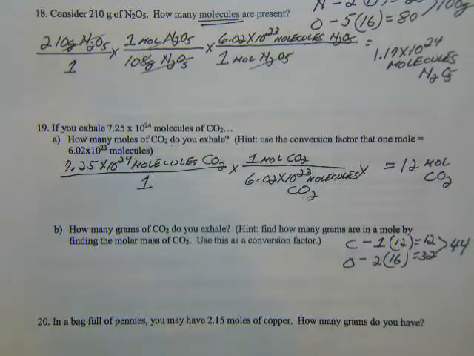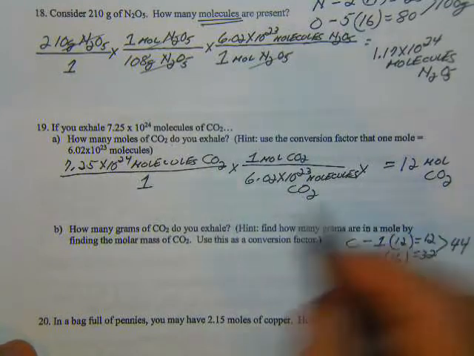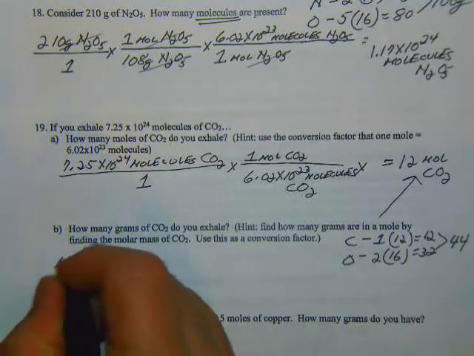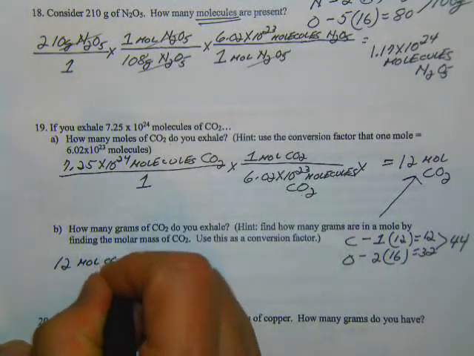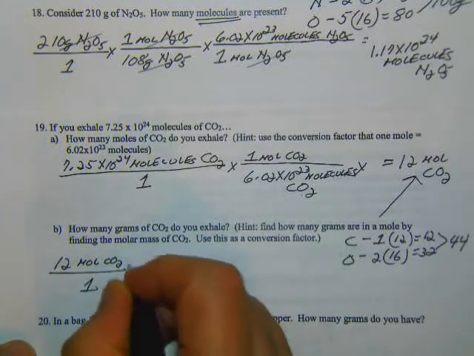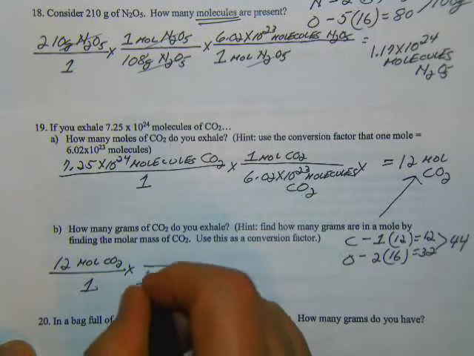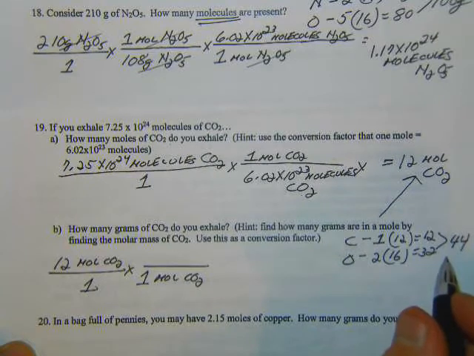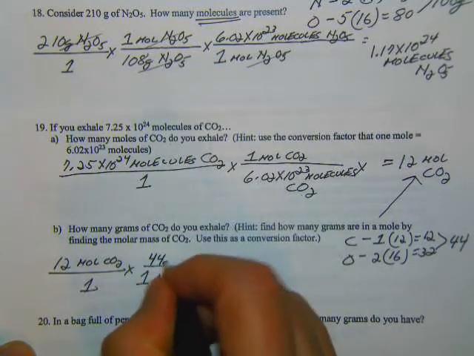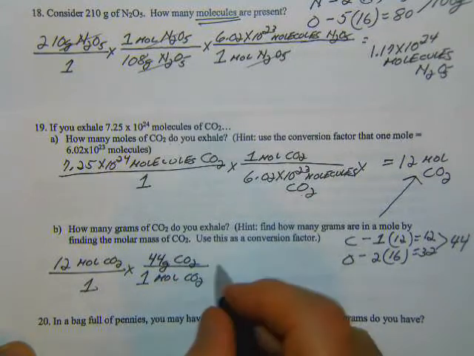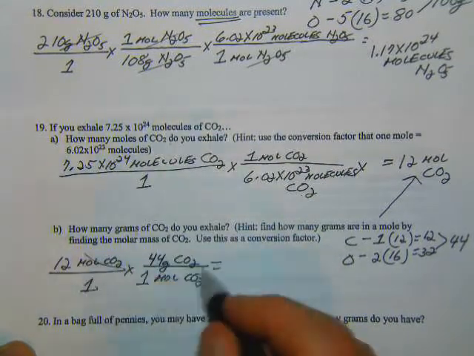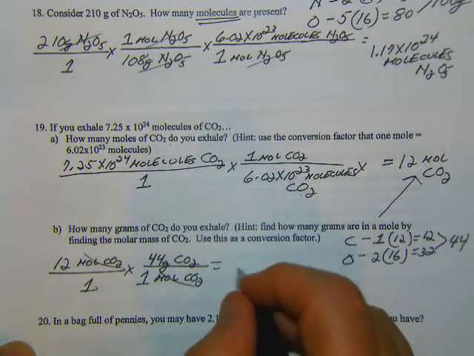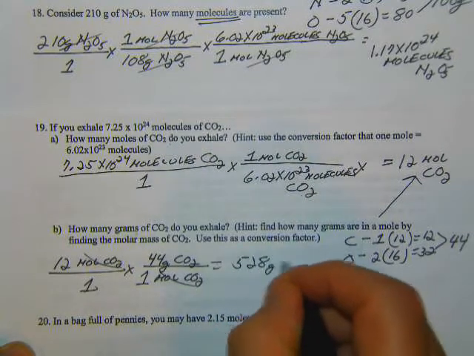If we want to know how many grams you exhaled, we use the number of moles: 12 moles of CO2 over 1, and 1 mole of CO2 is 44 grams of CO2. We want grams, so we're pretty good. Moles of CO2 cancel out. 12 times 44, if my math is right, is 528 grams of CO2.